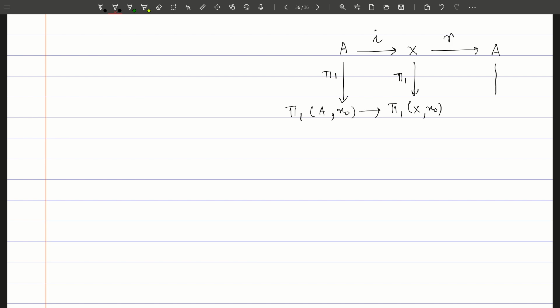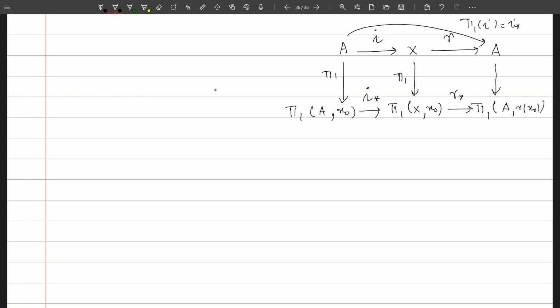So finally, this is the group pi 1 of A based at R of x naught. So this map I is carried out to the map I star. So pi 1 of I is I star. Similarly, pi 1 of R is R star. Now we have this map over here.